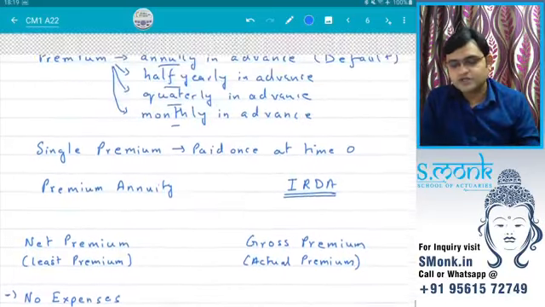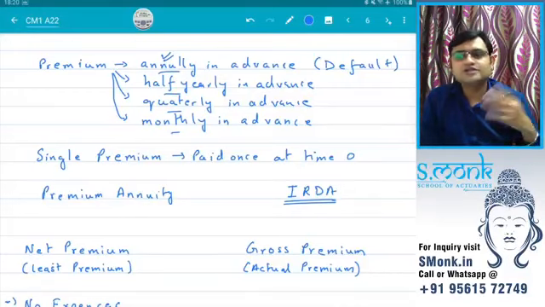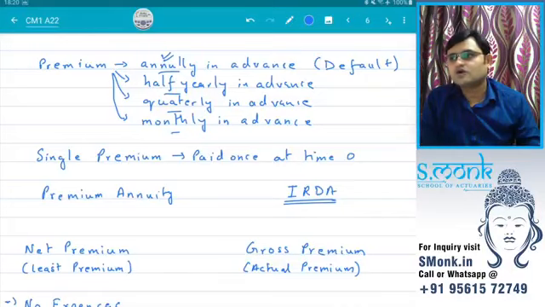Because if you don't pay the premium in time, your policy lapses. Either you will have to pay a fine, or maybe you will not get the benefit at the time. You might have to restart your policy or buy another policy. So there are many bad implications of not paying the premium on time, okay?